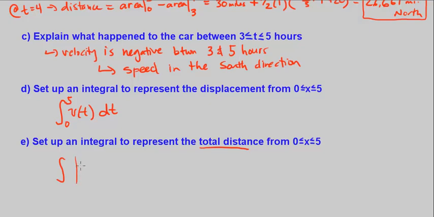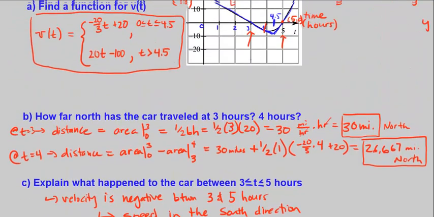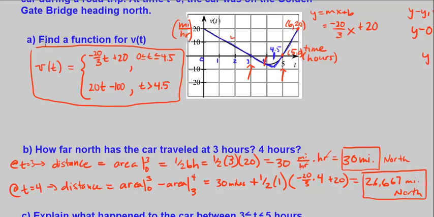Because if we take the absolute value of v(t) and then take the integral of that from 0 to 5, the absolute value is just going to be the graph above the x-axis, or the t-axis here. So it's actually going to be exactly what we want. It's going to represent the area here in green, and it's all going to be positive, right?